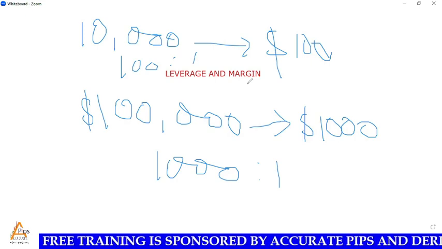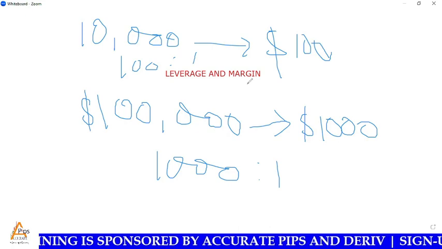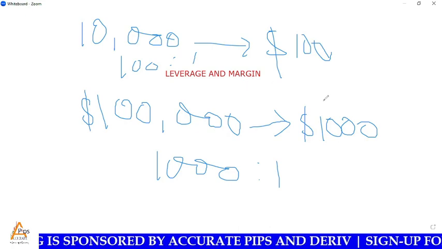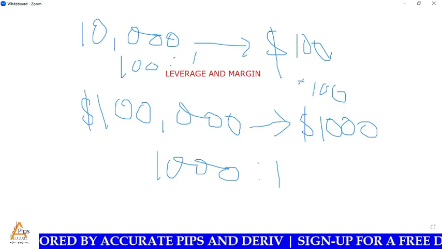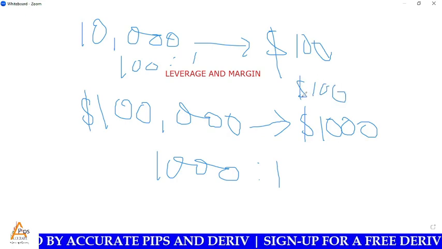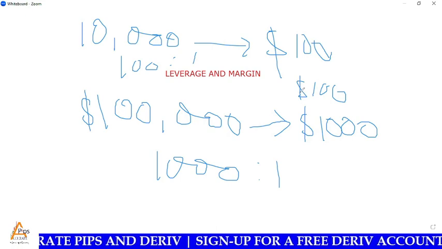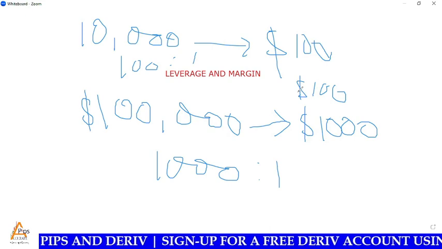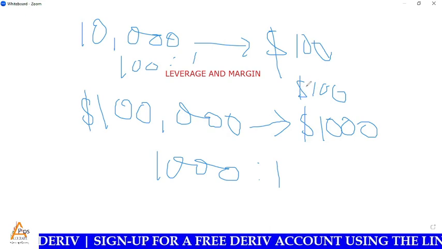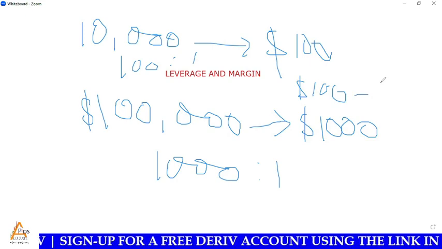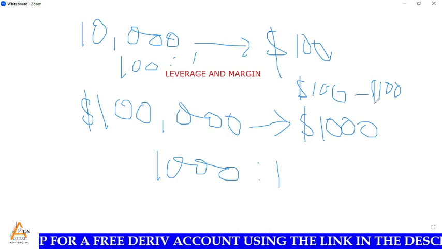All right. So now let's say you make a deposit of $100. Now, if you are looking to use a leverage ratio of 1:1, it means that you are only going to be able to control a $100 position.